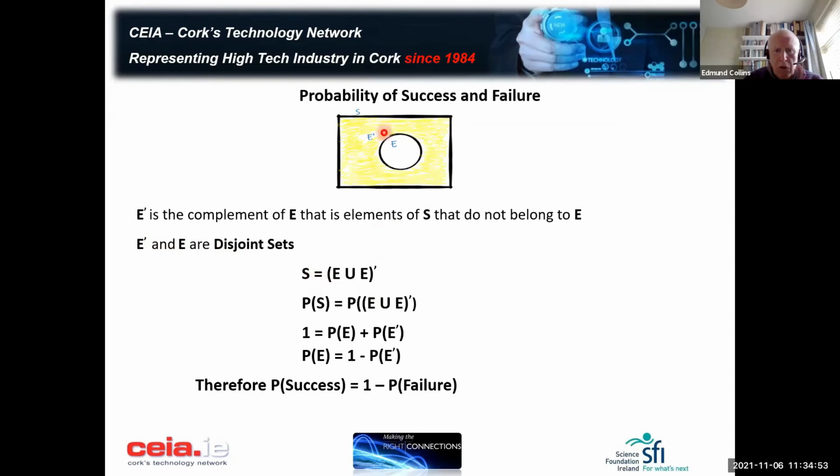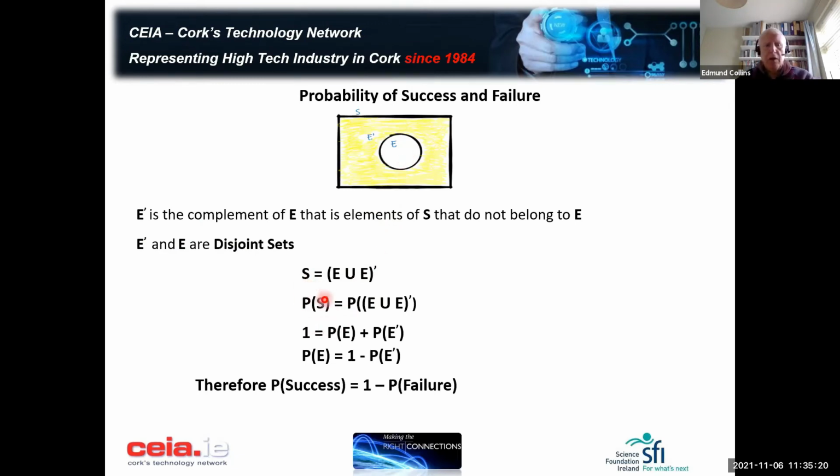So the actual sample space is E and E dash, sorry, the dash should be inside there. That's the sample space. The sample space is the combination of E and the complement of E.